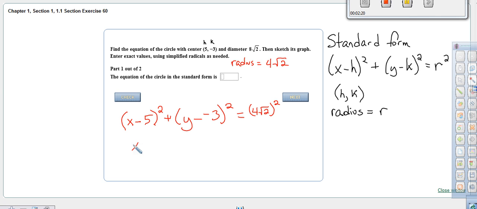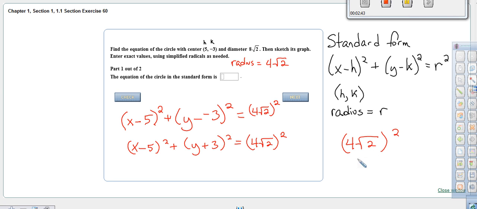Alright, so when we simplify that to put it into our equation, we get x minus 5 quantity squared plus y plus 3, because two negatives make a positive, quantity squared equals, and we're going to try something here in a minute. If we simplified 4 square roots of 2 squared, we actually get 16 times 2, which is equal to 32.